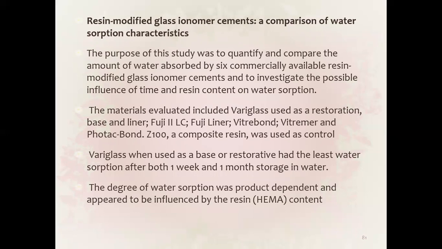Materials evaluated included Vitremer, used as a restoration base and liner, Fuji 2LC, Fuji Liner, Vitrebond, and Fuji Bond. Z100, a composite resin, was used as a control. Vitremer, when used as a base or restorative, had the least water absorption after both 1 week and 1 month storage in water. The degree of water absorption was product dependent and appeared to be influenced by resin content.